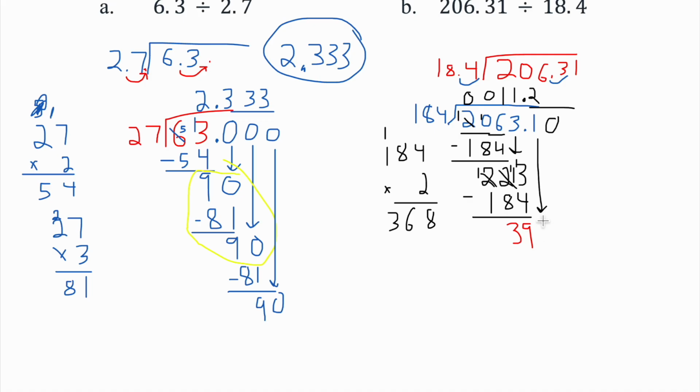I drop down this 1. 391. So I'm guessing that that's 2, right? 184 times 2, 368. So 2. So I put 368 here. Subtract, borrow, it's 8, that's 1. So I get 3 here. 8 minus 6 is 2.